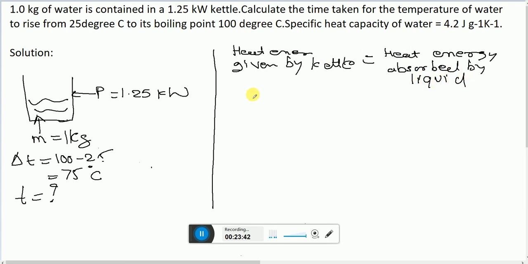So heat energy of kettle will be equal to power into time, and this is equal to M into C into delta T.